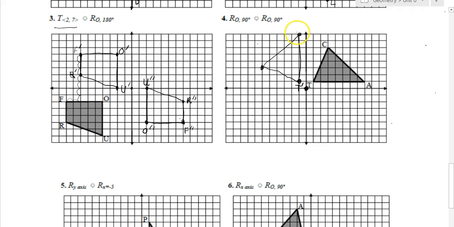There's our triangle. Rotated for the first iteration. And now we're going to rotate it again, another 90 degrees about the origin. Whee! Makes it come down here.